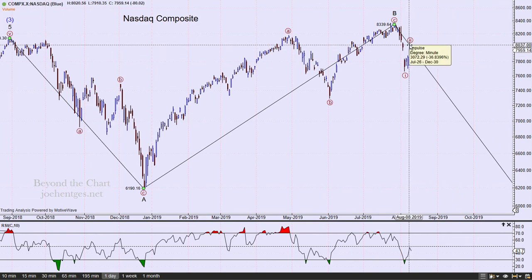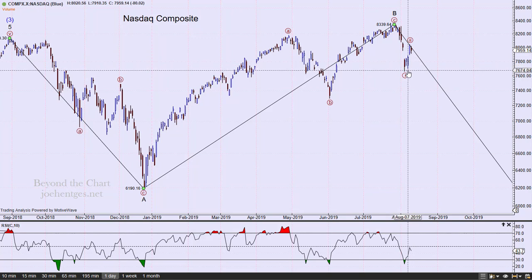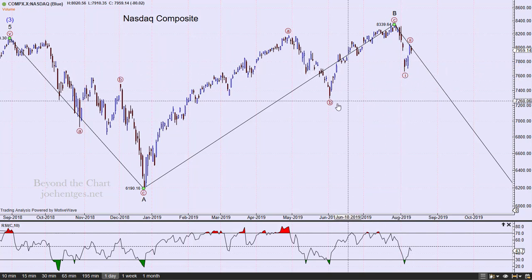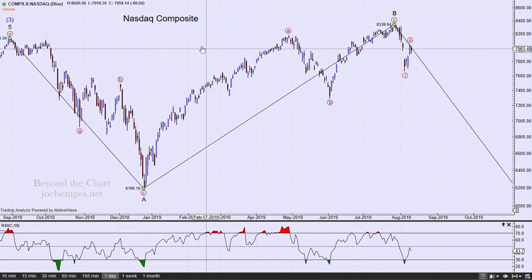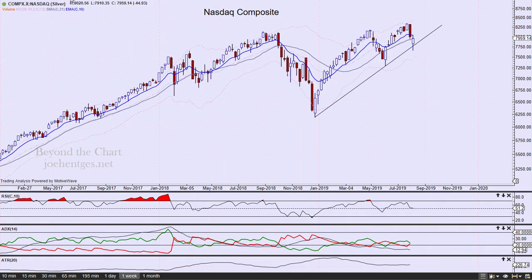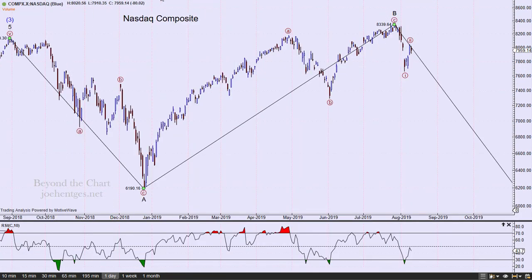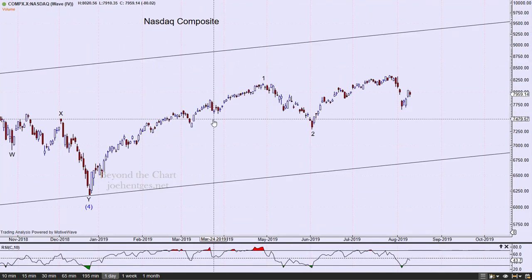And of course, in order for that scenario to play out, we're going to need to keep rolling back over and coming down, taking out the August 5th low, then taking out the June 3rd low. Now, if it does something different, like I mentioned at the beginning of the video, then we'll be looking at not this scenario, we'll be looking at this scenario.